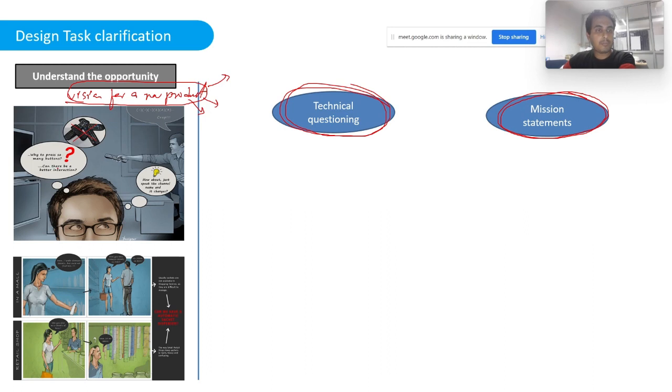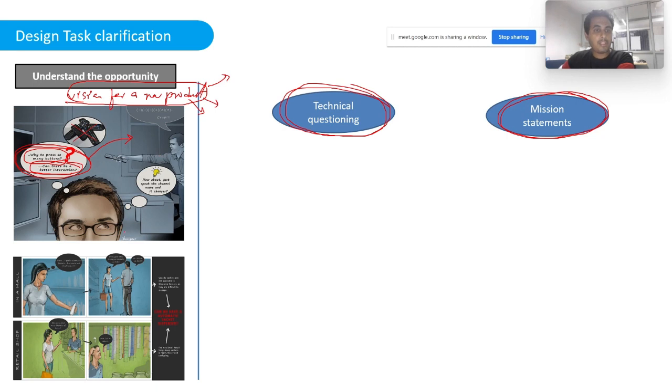For example, in this particular case, we may have questions like: why press so many buttons? Can't we have a simple interaction? Those are questions that come into a designer's mind, where a spark ignites to come up with a better solution.